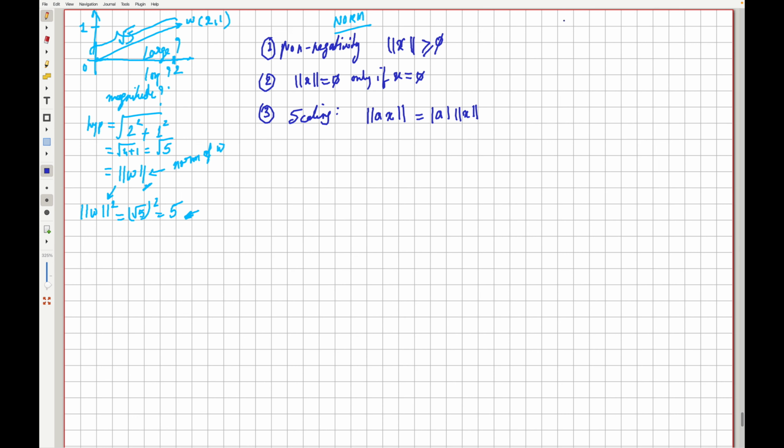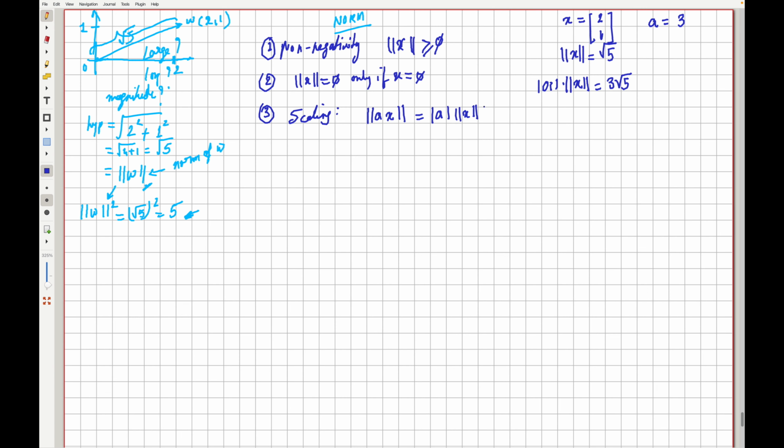We have x equal to 2, 1, that's the vector we have. The norm of x in this case is simply square root of 5, and we assume that a is some value 3. So we multiply the absolute value of a with the norm, and we get 3 square root of 5 as the answer.